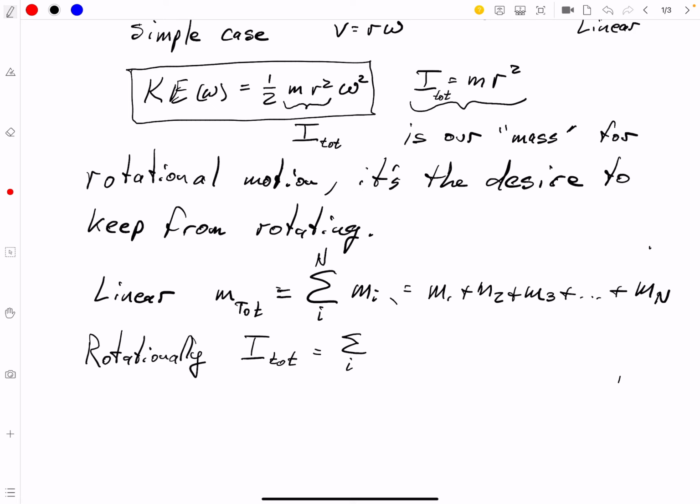So we say I total is the sum from 1 to n of mi ri squared, where ri is the distance from the axis to the center of mass of the mass that we're dealing with. And of course, that just equals I1 plus I2 plus In.